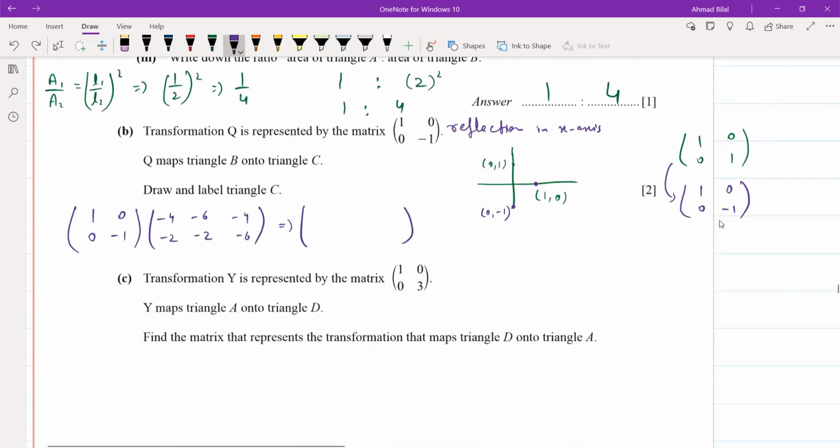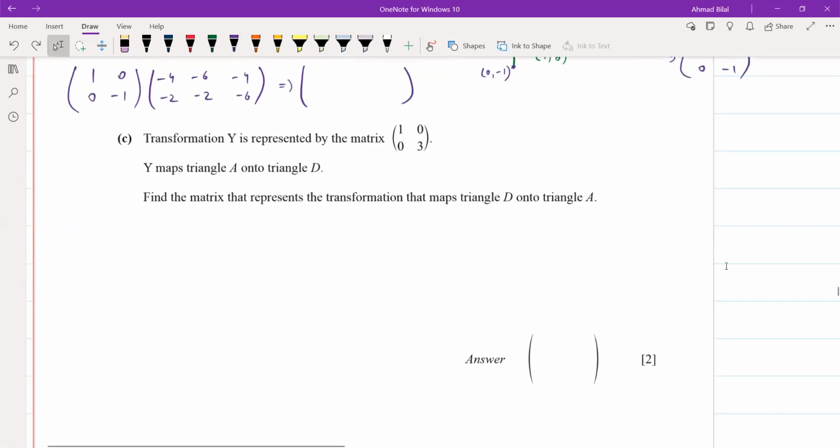Okay, and find the matrix that represents the transformation that maps triangle D onto A. अच्छा, ये actually जो है ना, it's one of stretch or shear. I think it's a stretch. तो ये हमारे पास अब syllabus नहीं है, so we don't have to do that. ठीक है, तो ये stretch है.